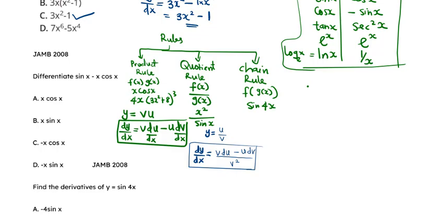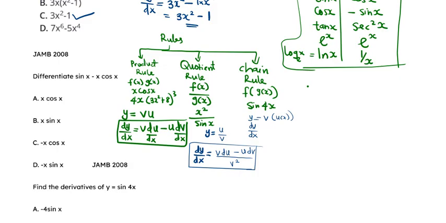Okay, so for the chain rule, for example, let's say y equals v of u of x, and we want to find dy/dx. Our target is to find dy/dx. This is a function of another function.